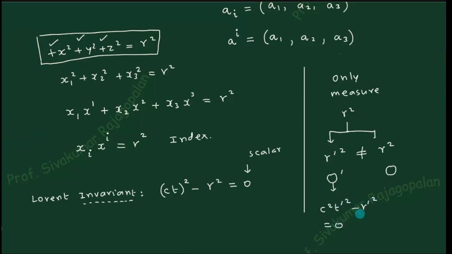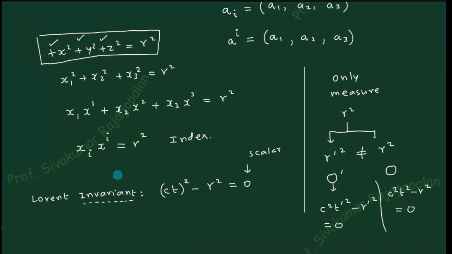That will be equal to 0. And what about this person? This person will measure c square t square minus r square, and if you simplify, that also will go to 0. So whether it is the primed or unprimed frame of reference, both people will measure 0, and therefore this quantity is known as Lorentz invariant.